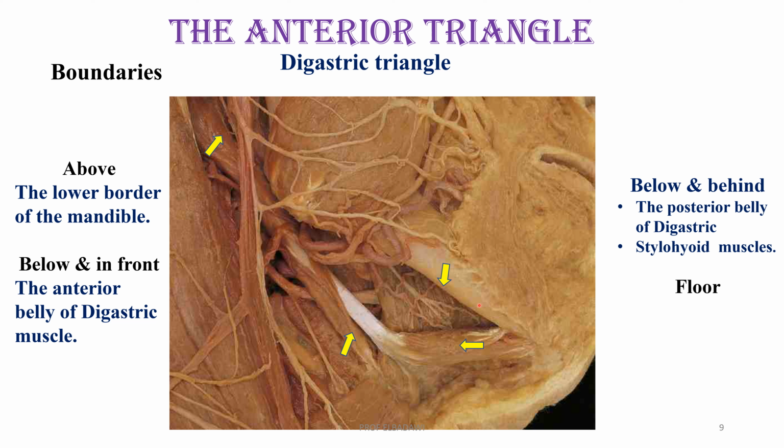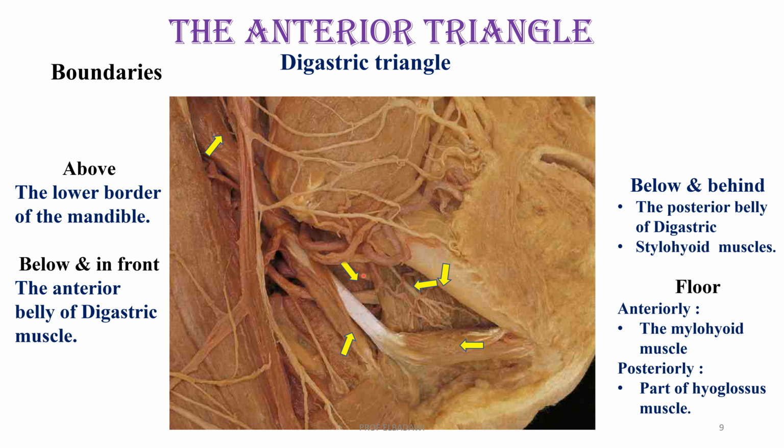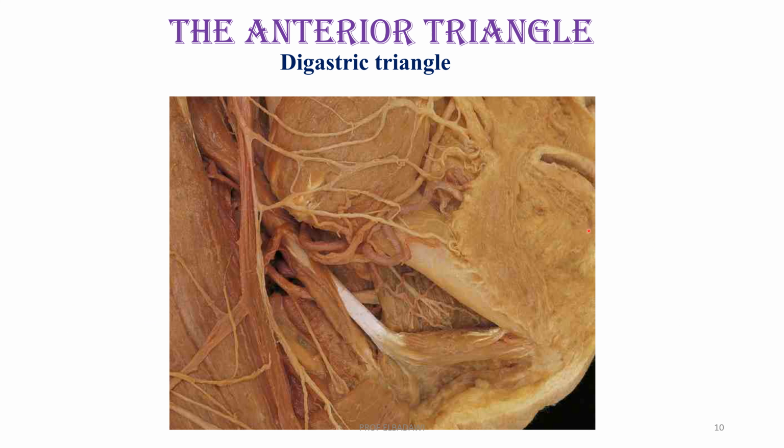The floor of that triangle will be made anteriorly by the mylohyoid muscle, and posteriorly by the hyoglossus muscle. You can see the hypoglossal nerve between the mylohyoid and the hyoglossus. These are the two muscles forming the floor of the triangle.